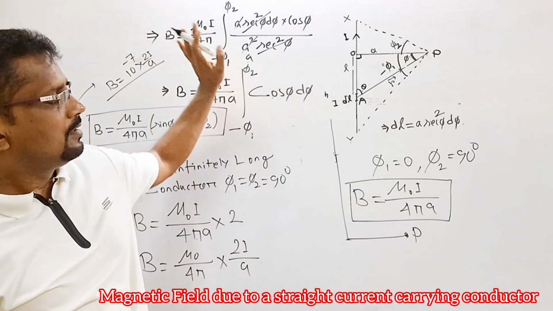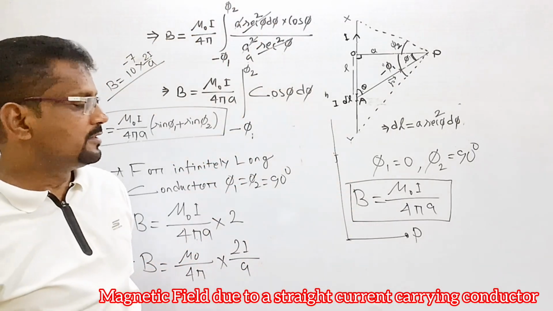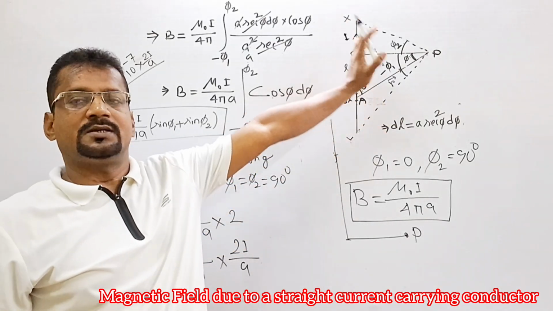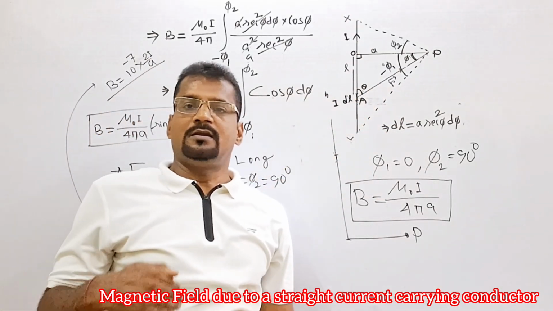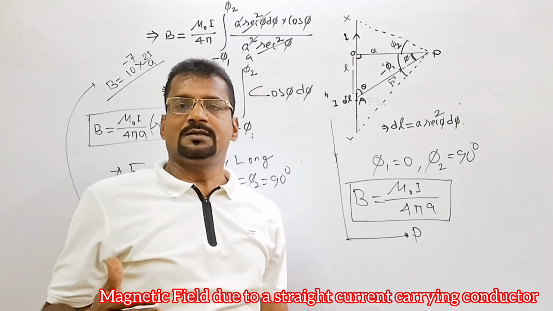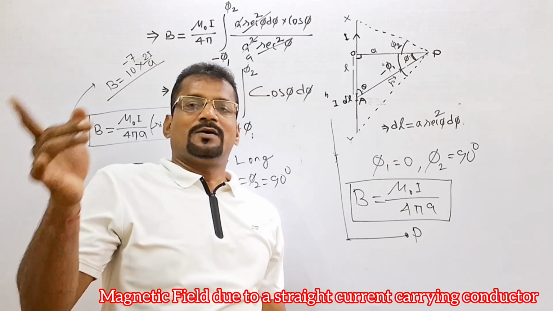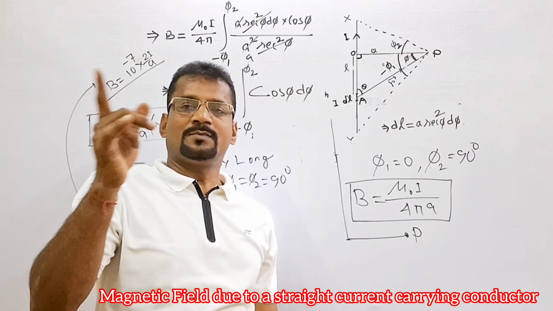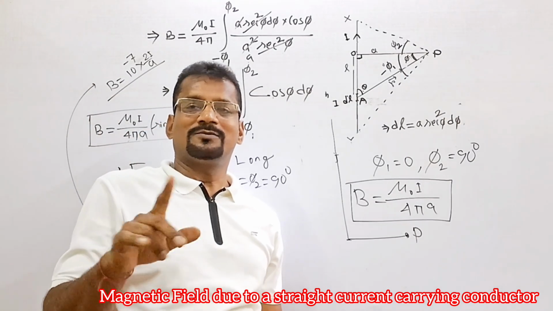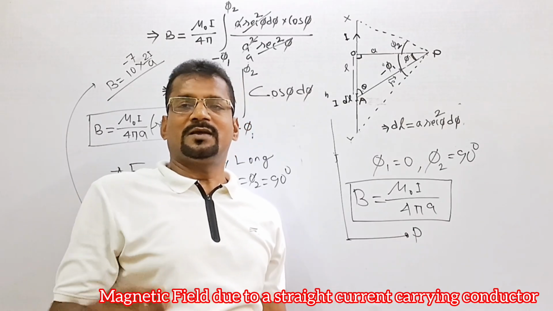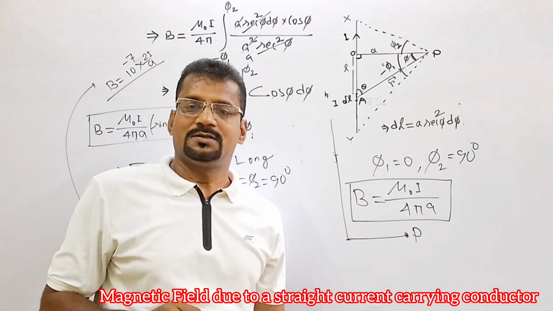So this is the complete deduction of magnetic field due to a straight current carrying conductor. In the next class, we will try to deduce the magnetic field when current flows through a coil or circular loop. At the center, what is the magnetic field? We will deduce it. Thank you.